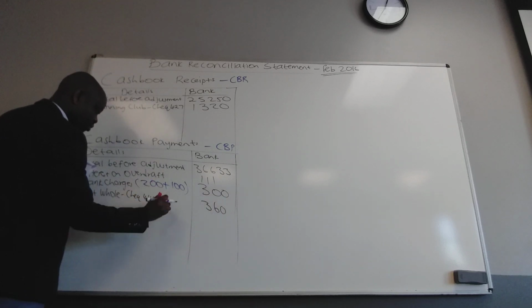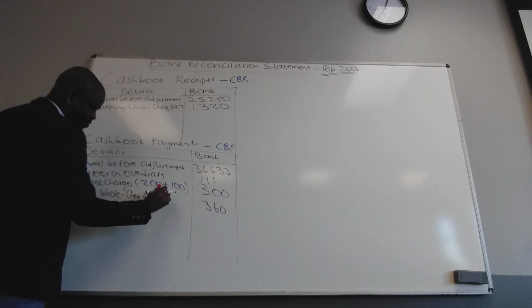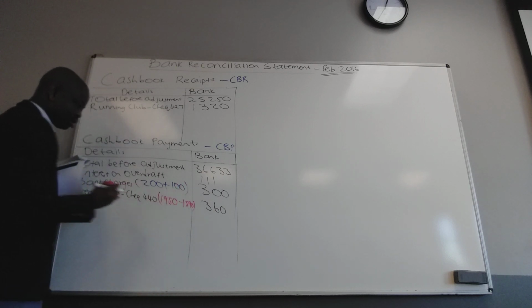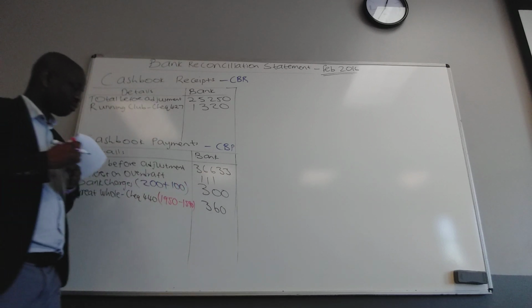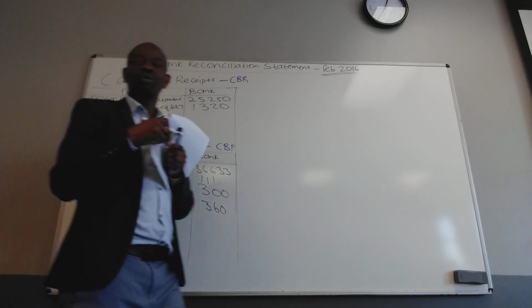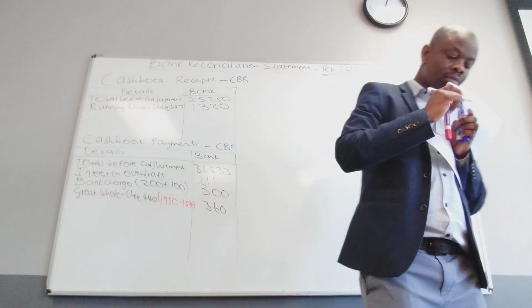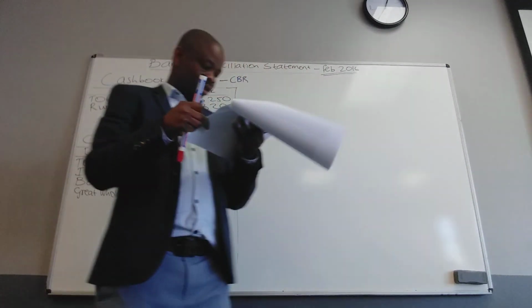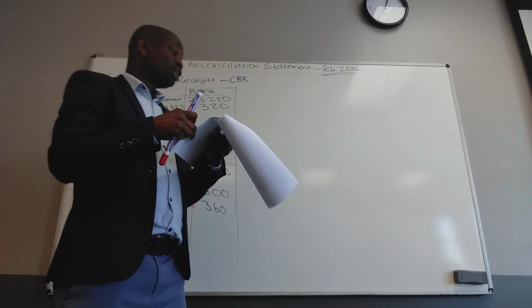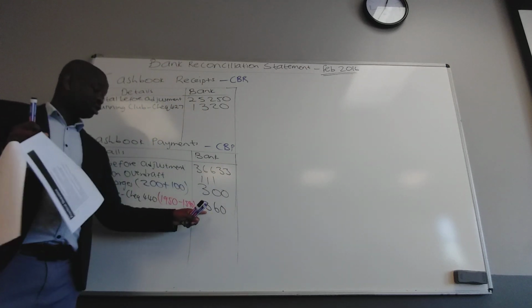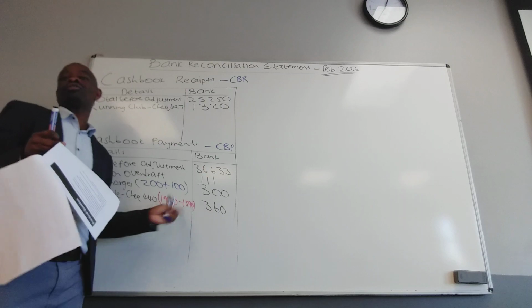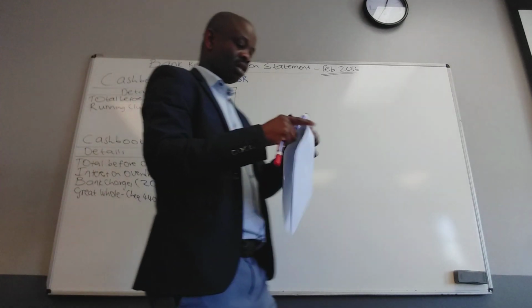So just for future reference, 1950 minus 1590. I like the fact that you know where to go. Next one. Always show the calculations, especially because if this is wrong, I can still give you part marks. But if you give me the correct one, it's okay. But always try to give calculations.